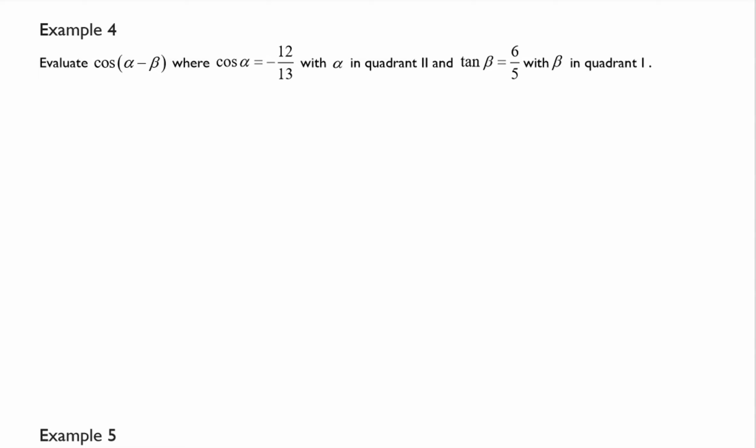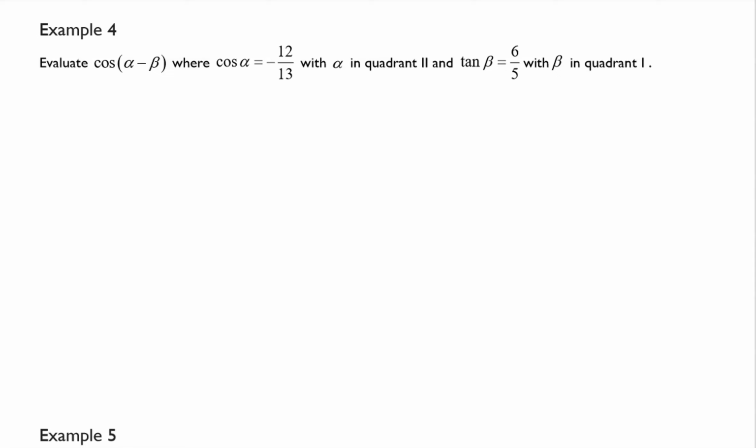Example 4 wants us to evaluate cosine of alpha minus beta, where cosine of alpha is equal to negative 12 over 13, with alpha in quadrant 2, and tangent of beta equaling 6 over 5, with beta in quadrant 1.